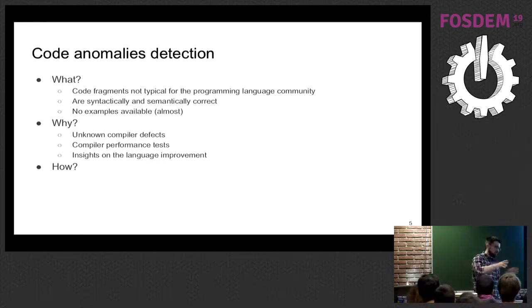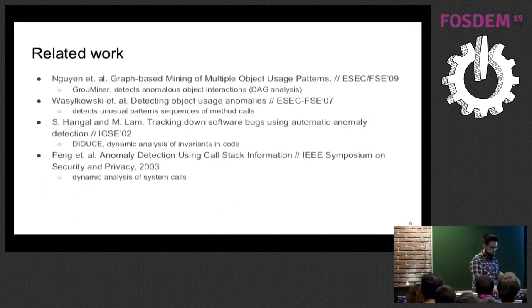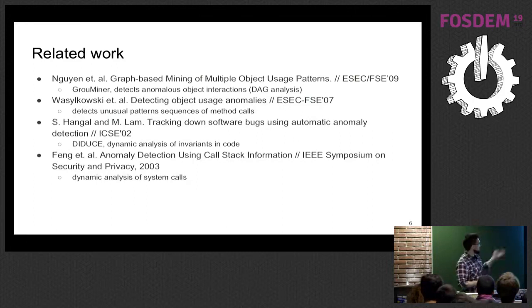Before we clarify what this could mean and how to achieve this, let's see what can be done in this field. If you Google code anomaly detection, you find something. Some of the papers listed here, the first two of them are based on static analysis. The first one presents the GrooveMiner tool, which tries to detect anomalous object interactions.